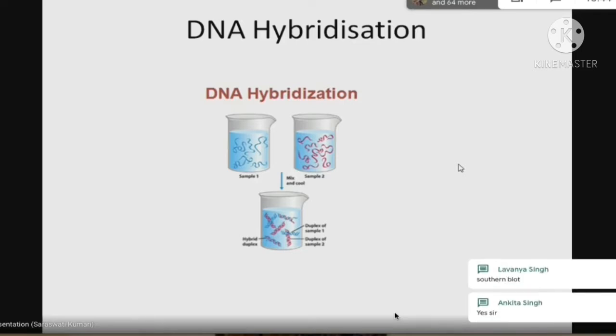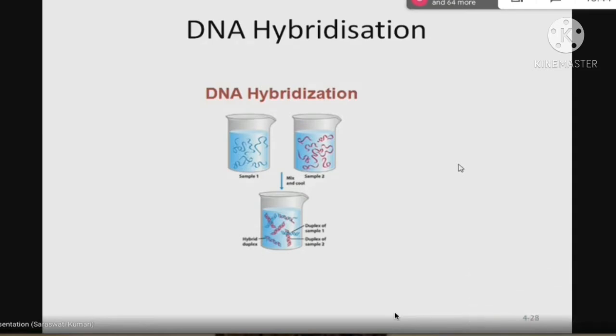Southern blotting, right? Southern, northern is also hybridization based, right? Then annealing is a hybridization. Yes, so PCR is also a hybridization based technique. Dot blot we perform. So there are so many hybridization based techniques.